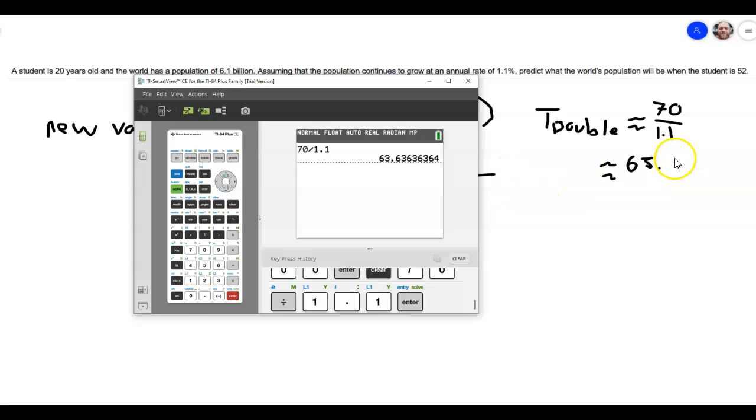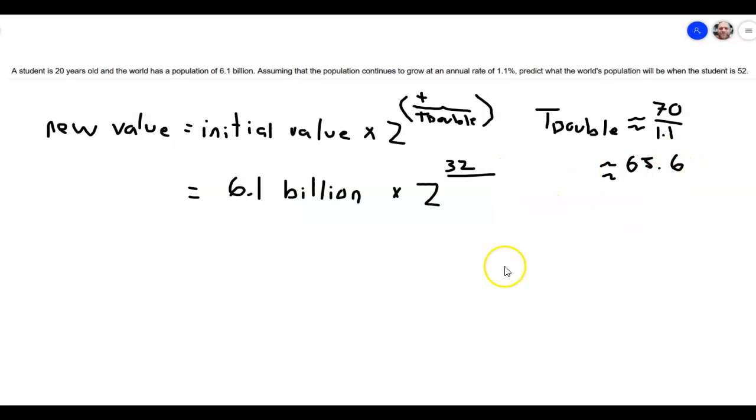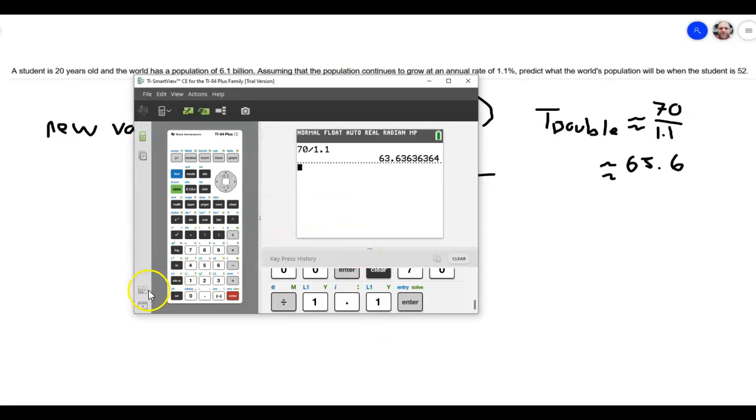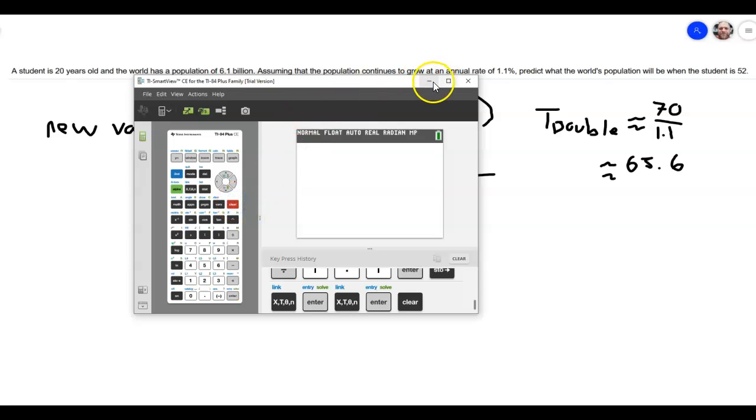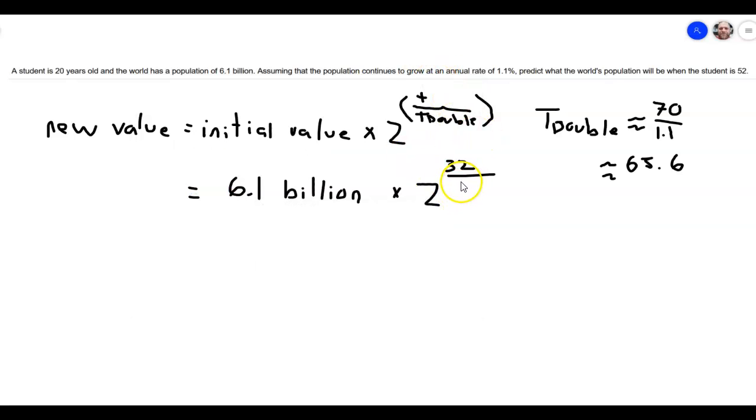So I'm just going to write 63.6 here, but in my calculator I'm going to hit the Store As button, STO, then X, and then Enter. That stores the whole number for X so I can use it again whenever I want. For example, if I just hit X, Enter, it gives me that number back.